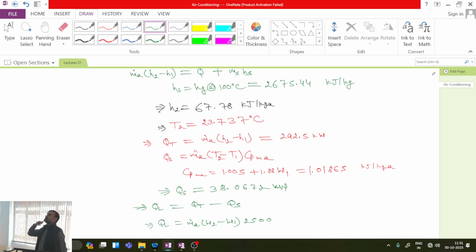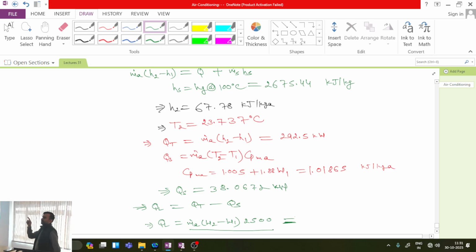What approximation are we doing here? After conversion into steam, in this water content, we are not including the sensible portion in the superheating, 1.88 into T. That we have neglected. So from here also you can calculate from this formula. You have forgotten when I explained the combined heating and cooling process.